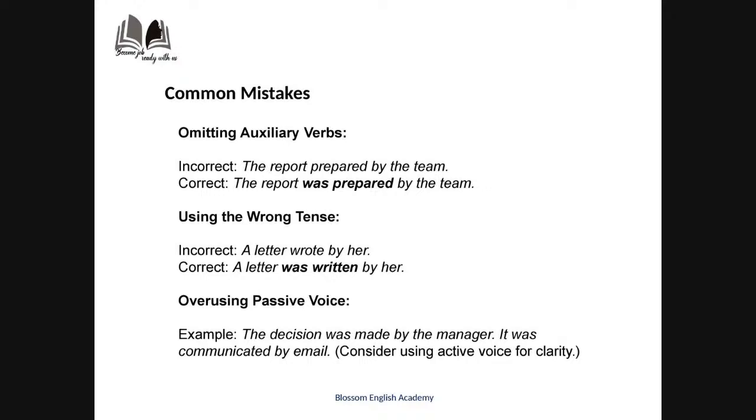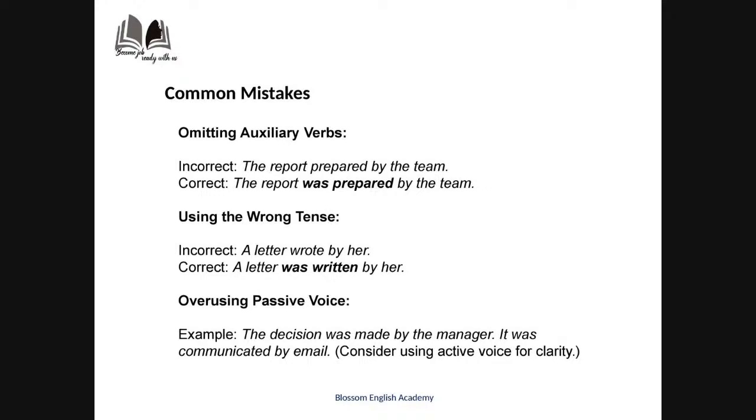And people tend to use wrong tenses. Okay, that is also incorrect. Look at the example. A letter wrote by her. Wrote is past tense, right? A letter wrote means, imagine a letter is a human being and it wrote.